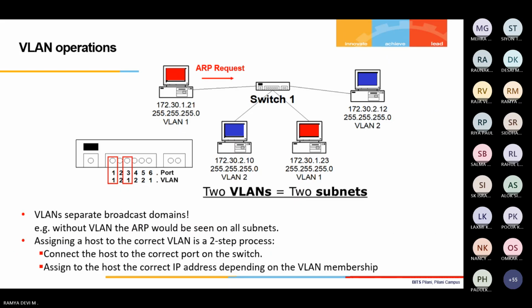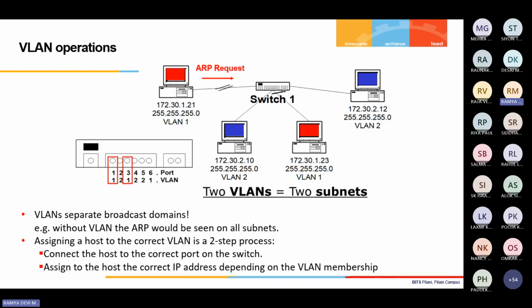Now, how does it separate the broadcast domain within the network? VLAN 1 and VLAN 2 have two separate broadcast domains. You all know how a broadcast looks: an ARP request. What is the purpose of ARP? Address Resolution Protocol, to resolve MAC to IP and IP to MAC. So with an ARP request, it will flood the entire switch and reach all the subnets.